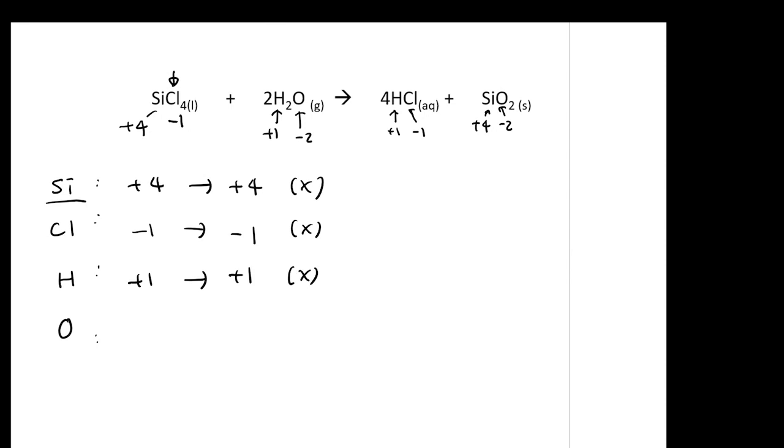So it is not a redox reaction. How about oxygen? -2 to -2. It's not either. So by analyzing the oxidation numbers, you realize this is not a redox reaction. This is how you differentiate whether you have a redox reaction or not. If you have a redox reaction, you must have your LORA and you must have your GROC.